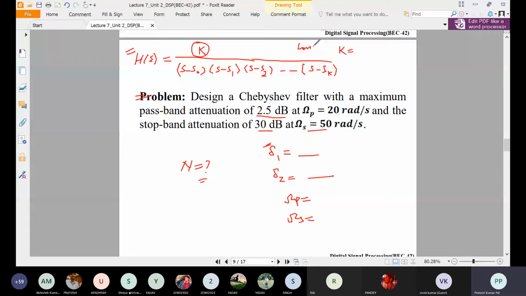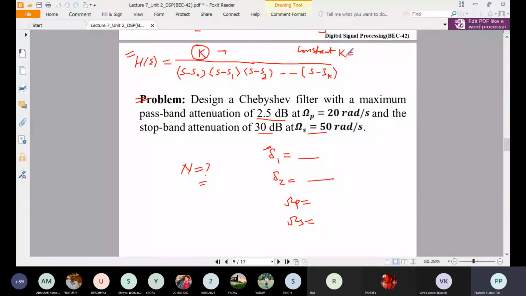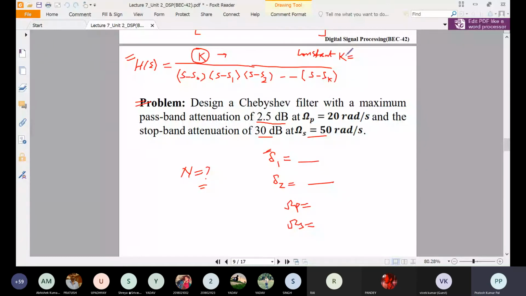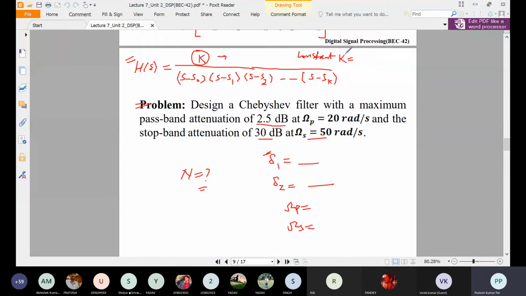So this will be called the numerator part. This is the transfer function, this is the numerator part, and this is the denominator part. This will be a constant, and this constant is in the numerator part. We will be finding out how it depends on this location.